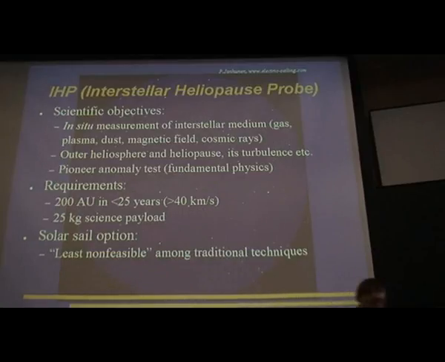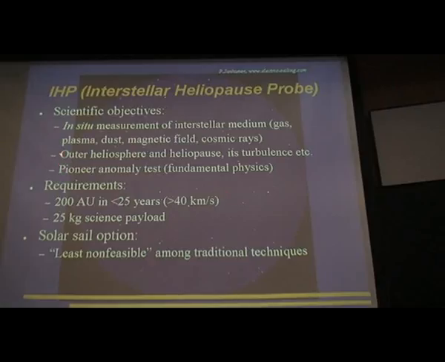Okay, then one of the potential applications is the Interstellar Heliopause Probe. So what is the IHP? Its scientific objectives are basically threefold. The primary one is first in situ measurement of the interstellar medium, that means gas, plasma, dust, magnetic field, and cosmic rays outside the heliosphere.